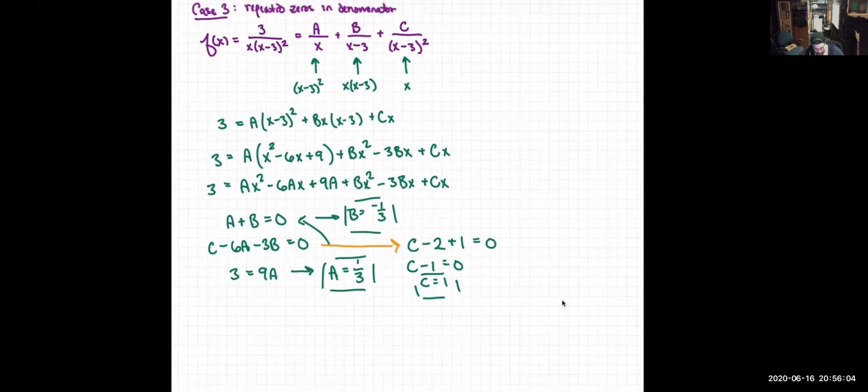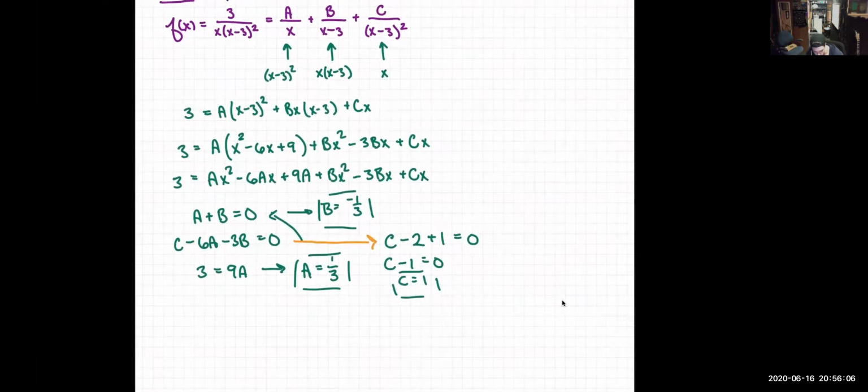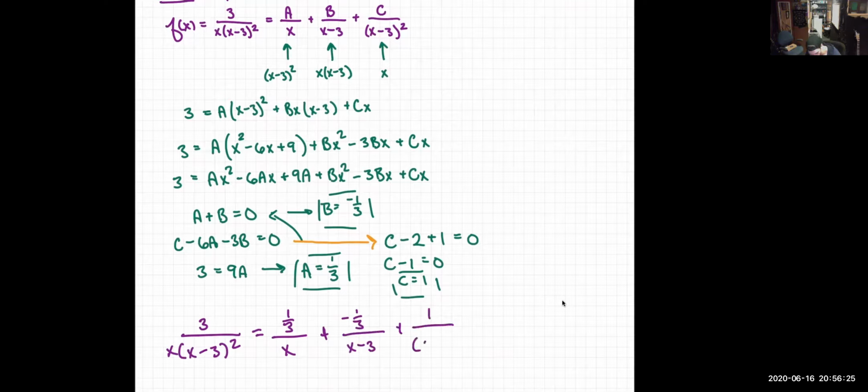So finally, this means that our original term, which is 3 over x times x minus 3 squared, equals 1/3 over x plus negative 1/3 over x minus 3 plus 1 over x minus 3 squared.